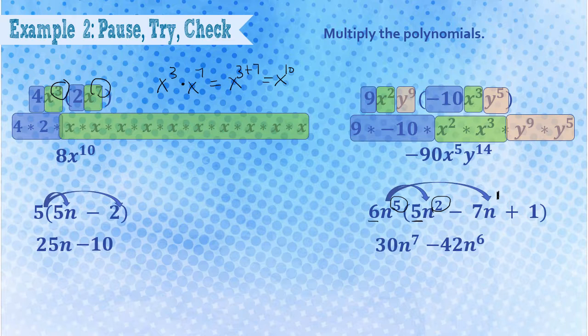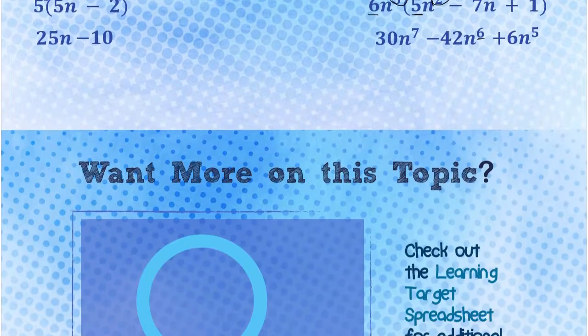Don't forget, when your variable doesn't have an exponent, it's really to the 1st power. So 5 plus 1 gives me this 6 right here. And then lastly, 6n to the 5th times 1. That doesn't change anything, it just stays 6n to the 5th. None of these are like terms, so that's my final answer.